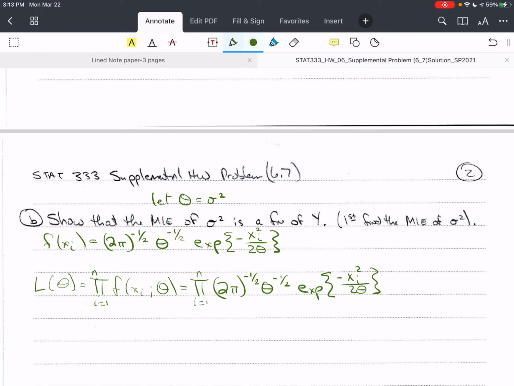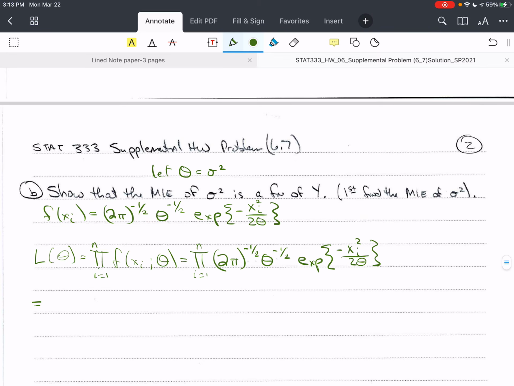Okay? And this is equal to 2 pi to the negative n over 2 theta to the negative n over 2 exp to the negative sum of x sub i squared over 2 theta.